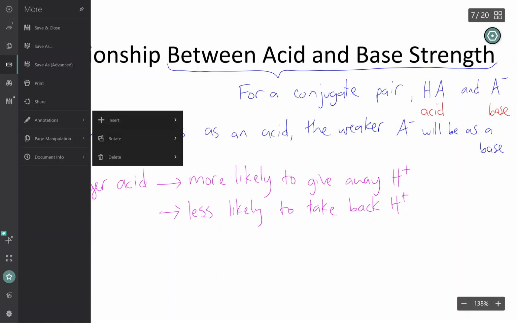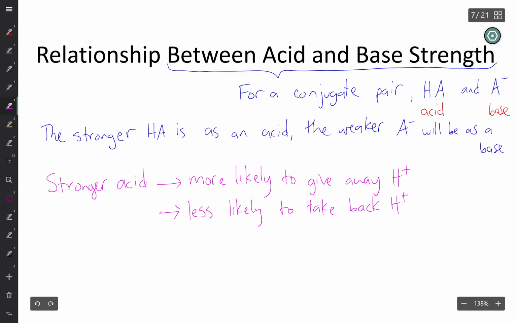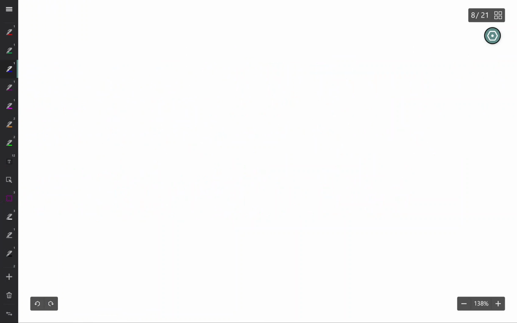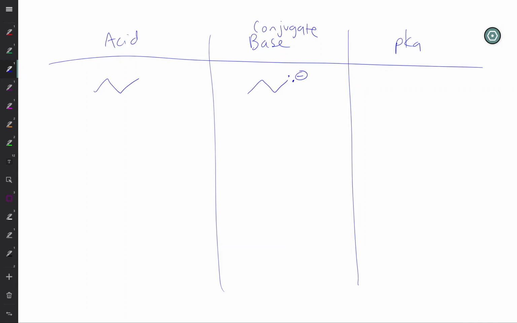So I told you to take out that pink sheet. On that pink sheet, you've got a list of acids and conjugate bases and pKa's. Just a sampling of them: at the top of the list, you have butane and its negative ion, and the pKa of that was 50.